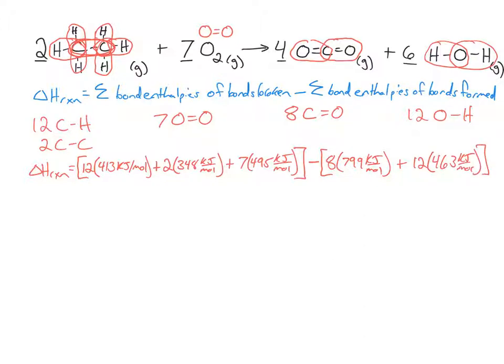And then we can add this up. And so what we end up with is a delta H of the reaction, which is equal to minus 2,831 kilojoules. All the moles cancel out because every time we say that we have 12 of these, this is 12 moles of the carbon-hydrogen bond. So we're left with kilojoules. This is the answer for the problem.